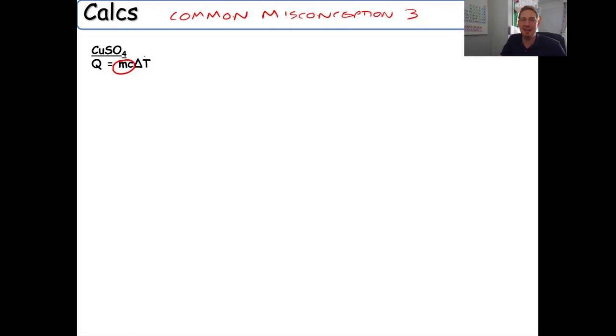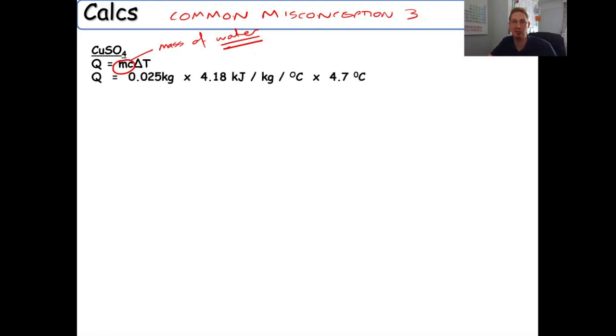The value m is not the mass of copper sulfate you put in, it is the mass of the thing that you are measuring the temperature change of. You are measuring the temperature change of the water, so therefore this must be the mass of the water, not the mass of what you put in. And despite telling some people over and over again, they're still putting the mass of the chemical in, not the mass of the thing they're measuring.